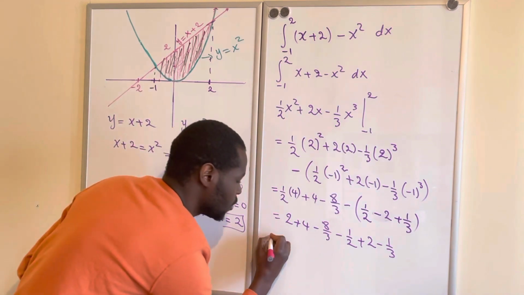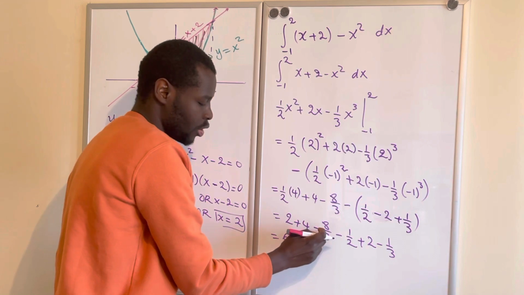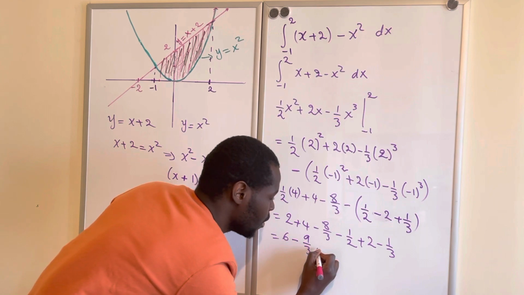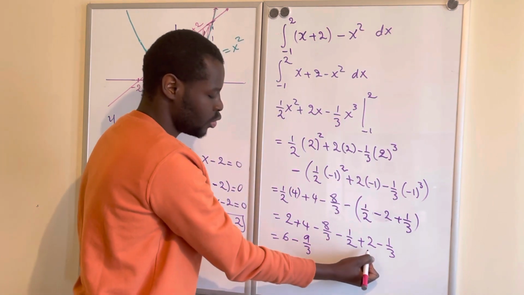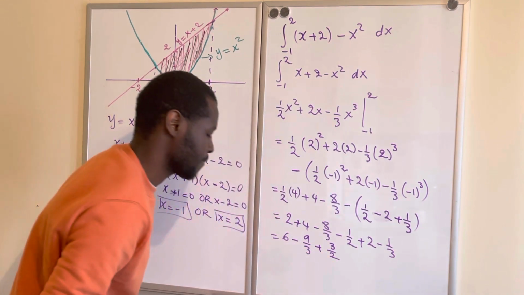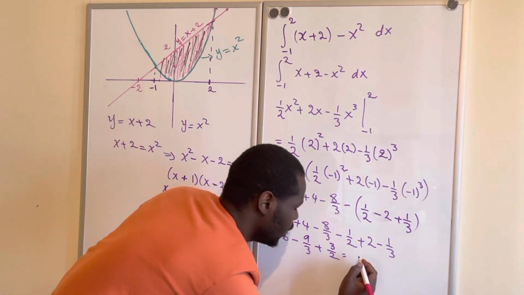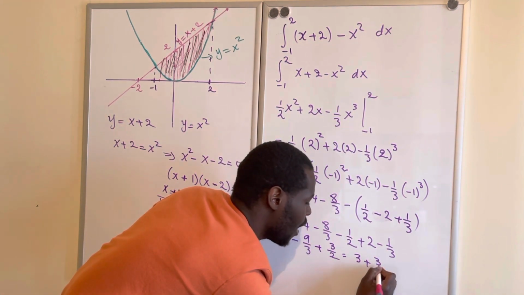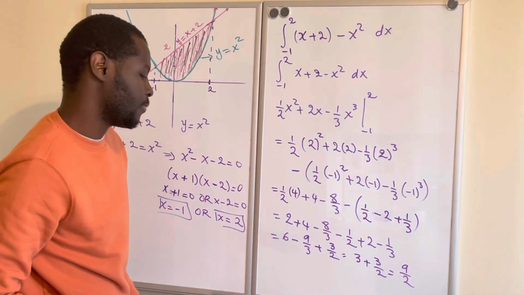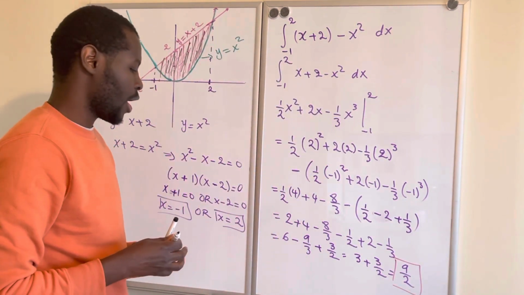So this will be 6, minus 8/3 and 1/3 is 9/3, which is 3, and then minus 1/2 plus 2 is positive 3/2. So 6 minus 3 equals 3, plus 3/2, which is 9/2. So this will be our result.